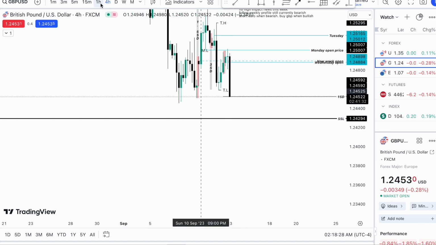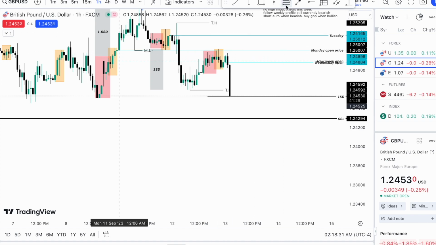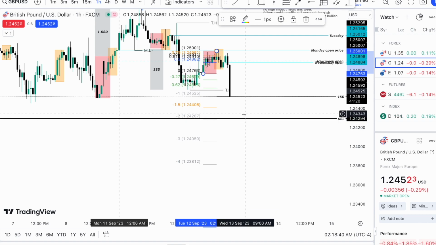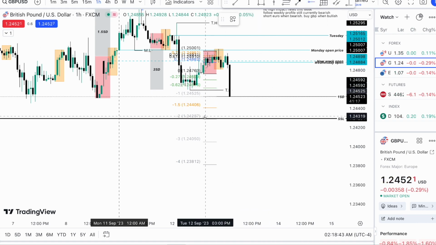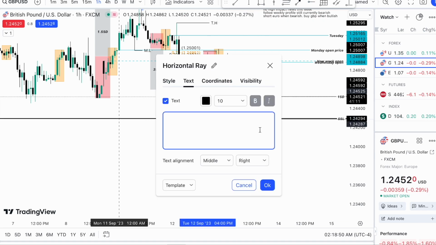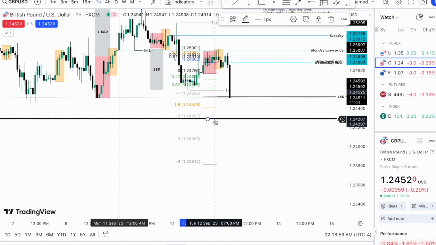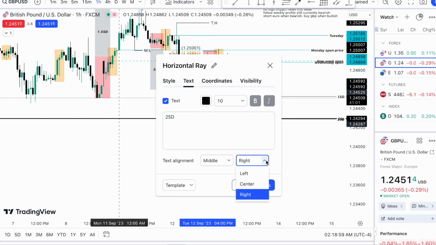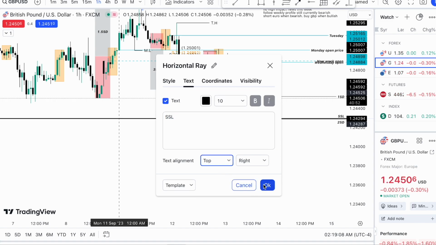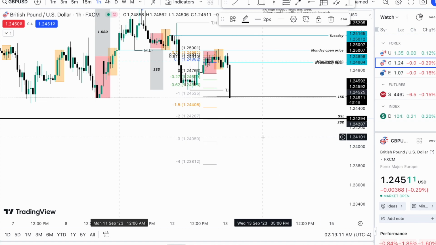So our standard deviation one, standard deviation 2, set that at the bottom, and we put this at the top so we can just have some clarity, so we can see what we're looking at.